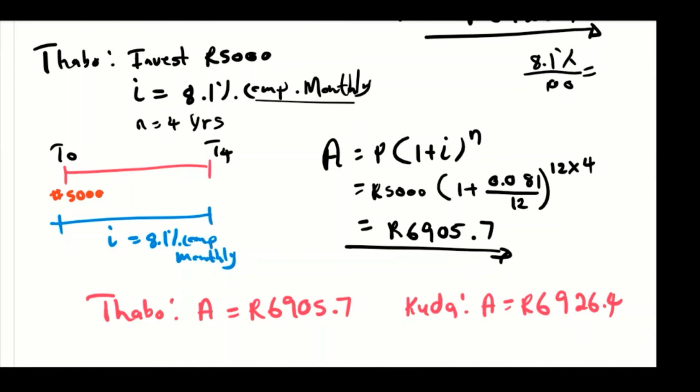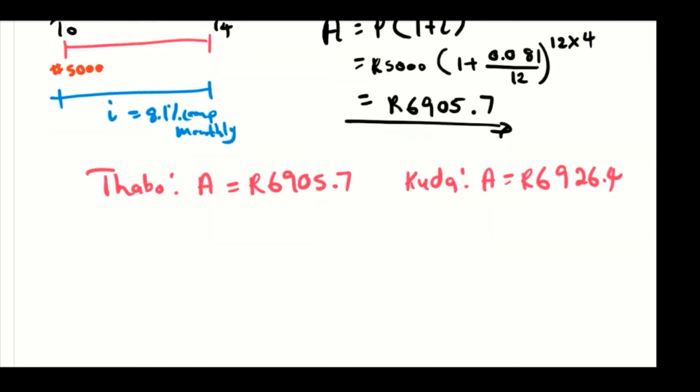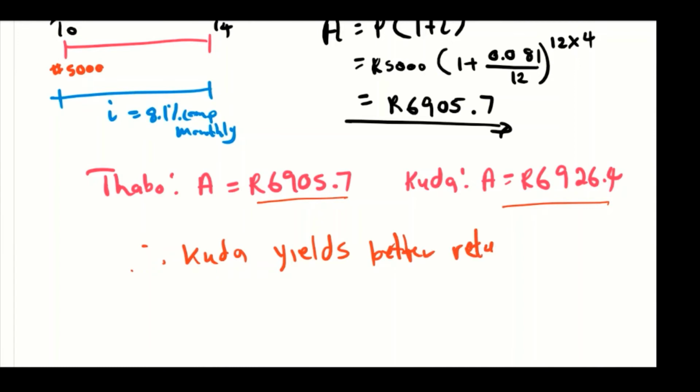So it's easy to tell which investment yields a better return here. We look at the one that has the higher amount. This is 6,905, this is 6,926. So definitely Kuda's investment yields a better return. Fine, done with this question.